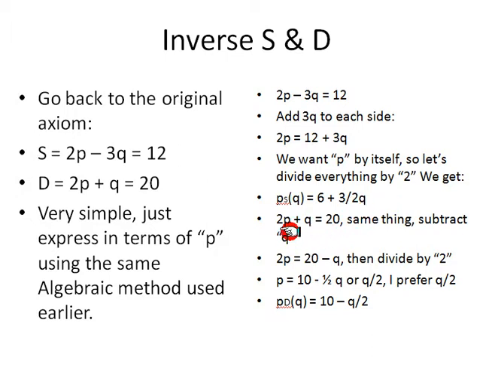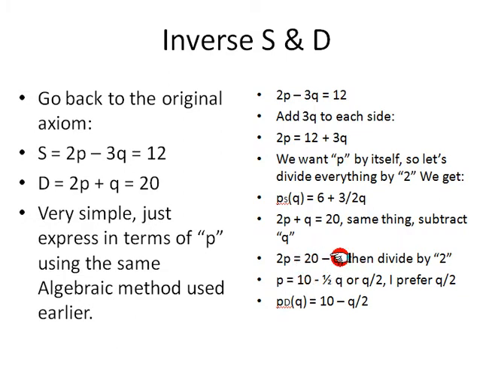Okay, so for D, it's the same concept. We want this Q by itself. So, I'm sorry, we want this P by itself. So it's 2P equals 20 minus Q, then divide by 2, so we get this P by itself. Divided by 2, this makes it 10, right? P equals 10 minus.